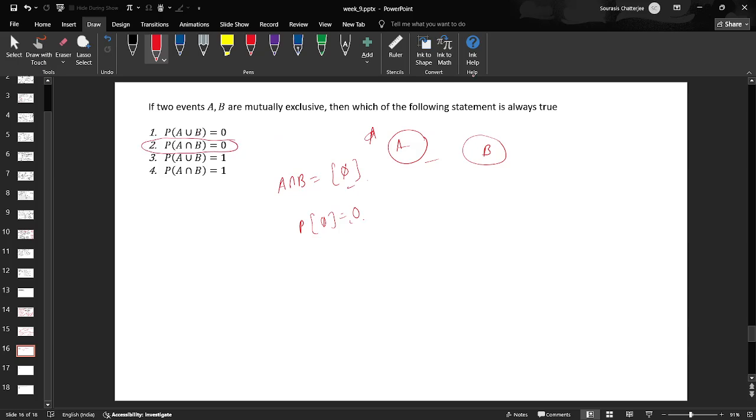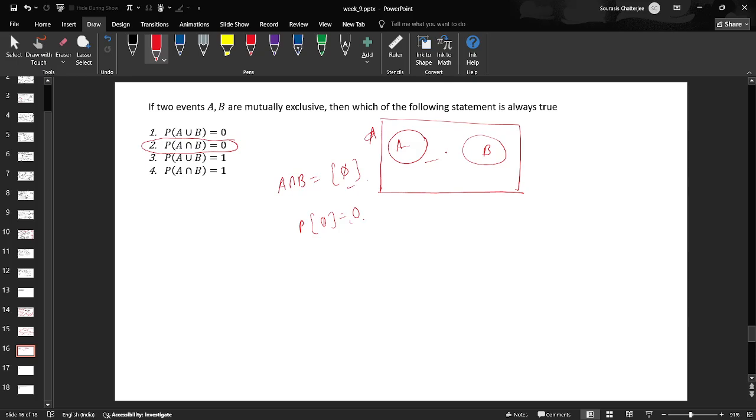Let's check the others. First of all, P(A union B) is not going to be 0, of course, because let's say this is a bigger set, the entire space, and A and B are subsets. The option saying P(A intersection B) is nonzero is wrong, because we have already shown it is 0. Can P(A union B) be 0?